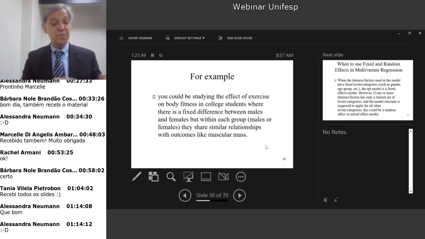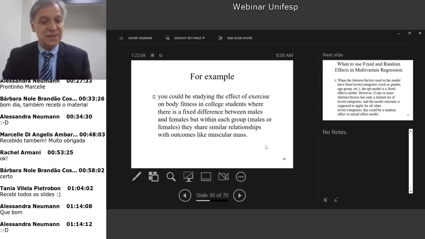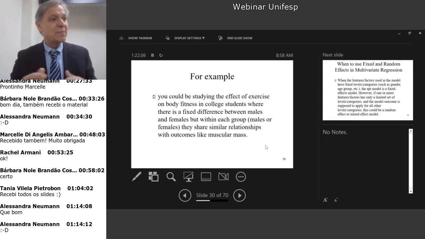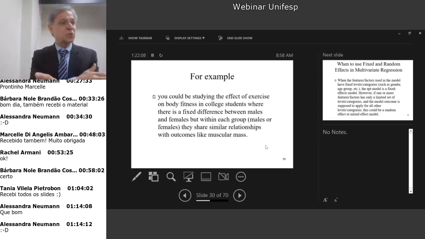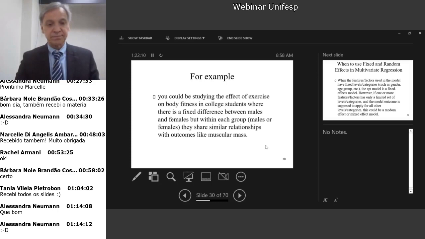But within each group, male and female, they share a similar relationship with outcomes like muscular mass, okay? So the groups will differ on the effect of exercise, but within the group, they share similarities in the outcome. So they have variability coming more from between than within.